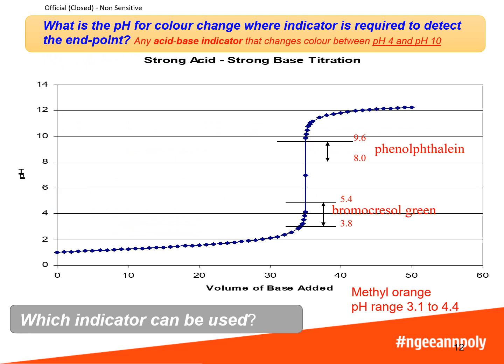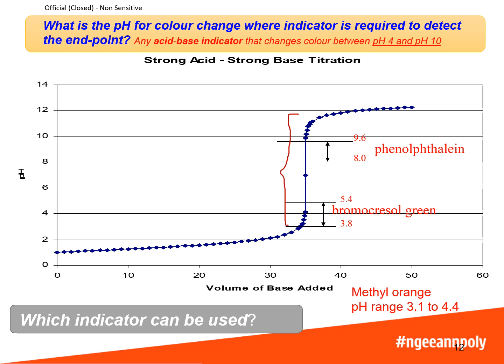Let's take a look at a few examples of how a suitable indicator is chosen. This first example is a titration of a strong acid with a strong base. The graph shows how the pH of the solution changes when more base is added. At the equivalence point, there is a sharp change in pH from about pH 4 to pH 10.